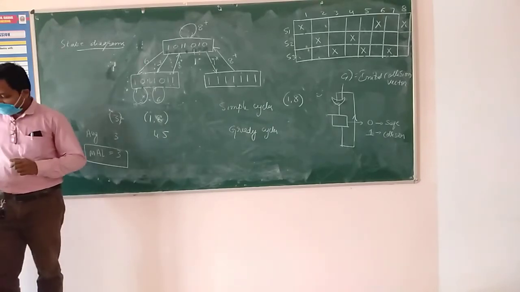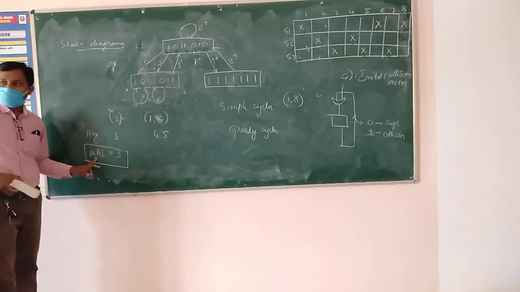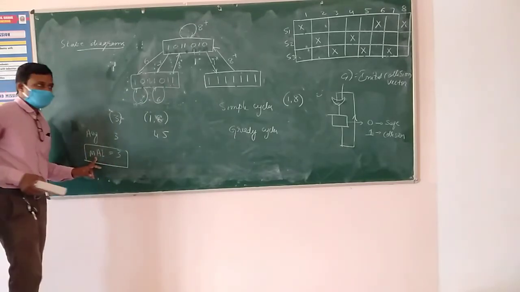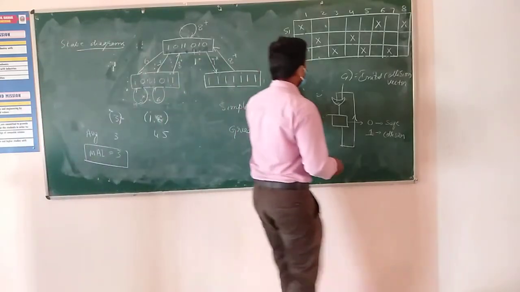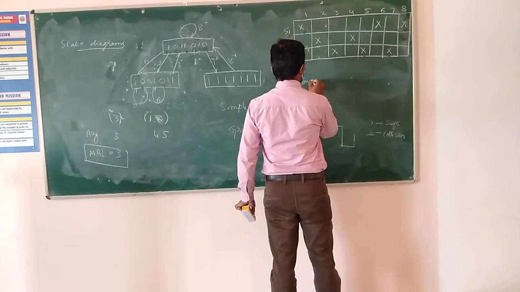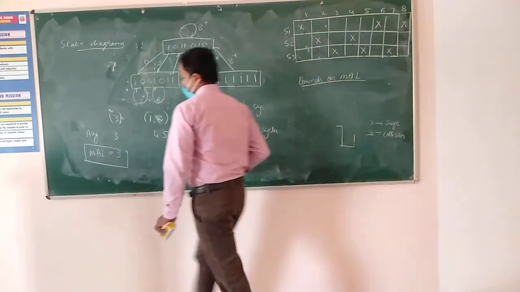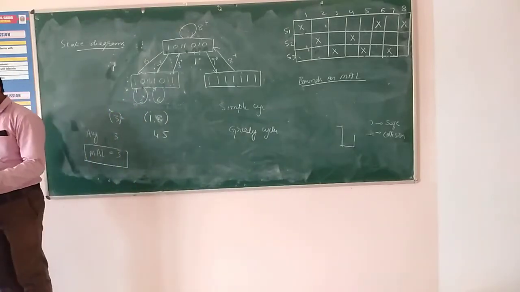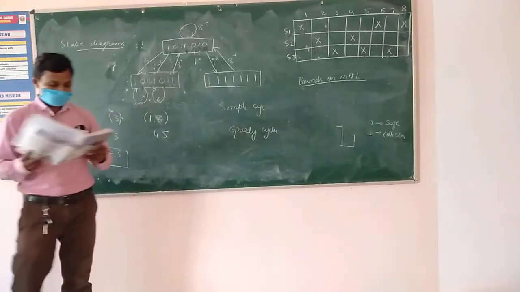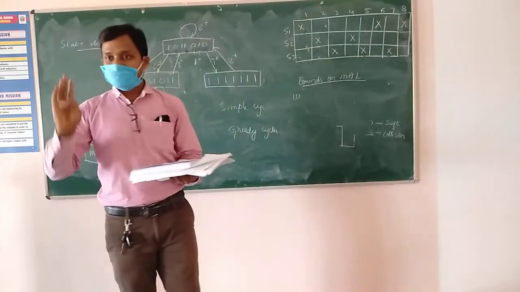Just make a point. Bounds on MAL. Any doubt in this MAL, minimal average latency? Note a few points on bounds on MAL. First one, what are the constraints on MAL?